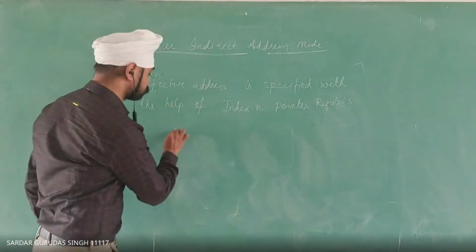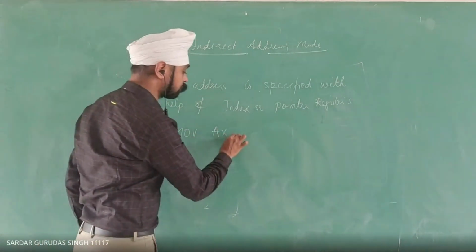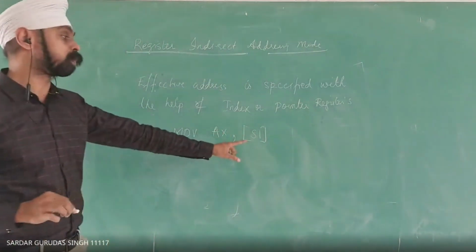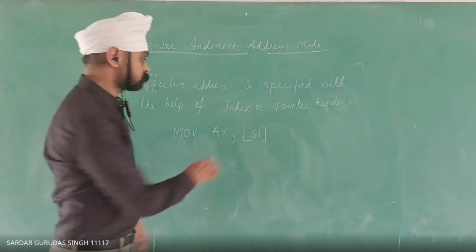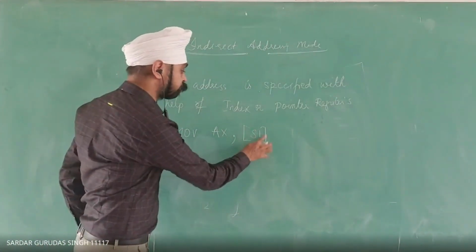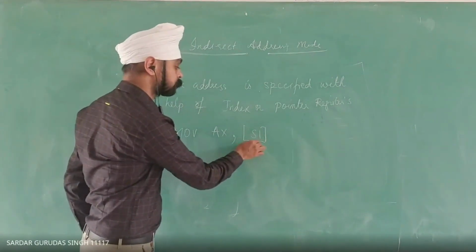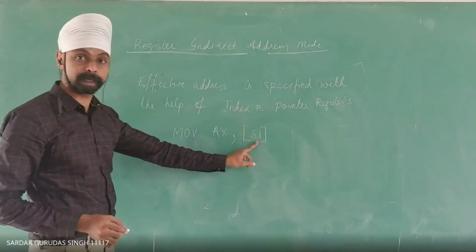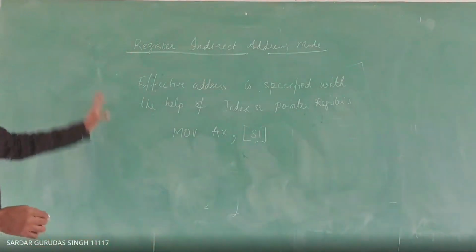For instance, if I write like this, move AX, comma, [SI]. Again you see square brackets. Square brackets indicate the effective address is located at which register? It is located at the source index register. Now, how to calculate?